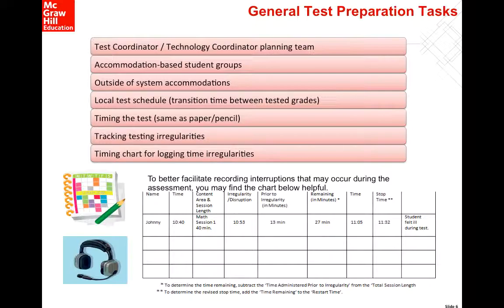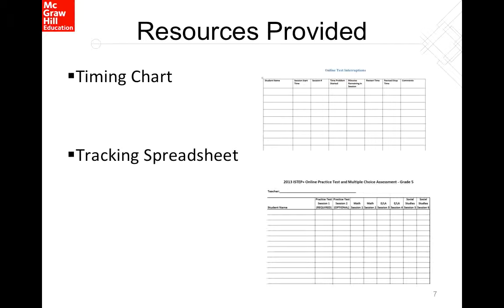Remember that the timing is done the same as paper pencil. The system does not time it for us. Remember to track any testing irregularities and have a timing chart. To help you with that, we will be providing a timing chart for you to use, as well as a tracking spreadsheet as we have done in previous years. This will be emailed to you.